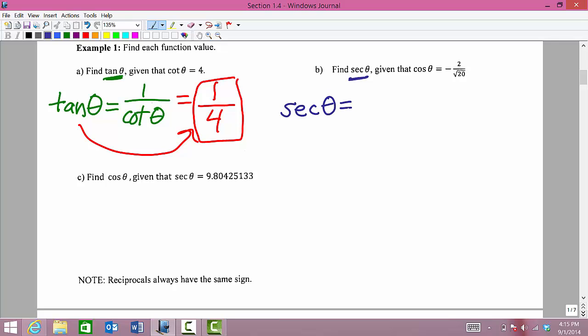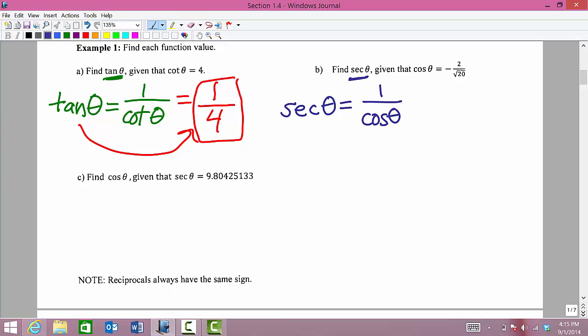Secant theta is equal to, let's see, we're given the information that cosine theta is equal to -2 divided by square root of 20. Secant and cosine are reciprocals of each other, so secant theta is 1 over cosine theta.